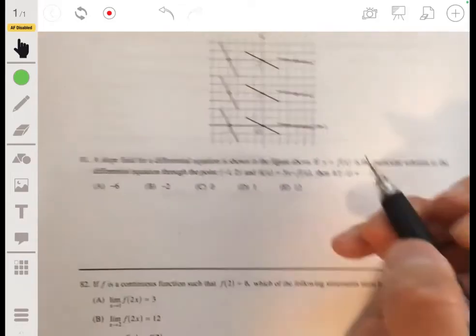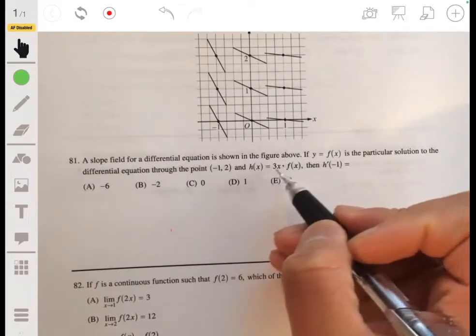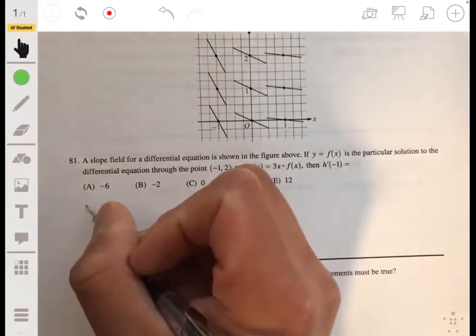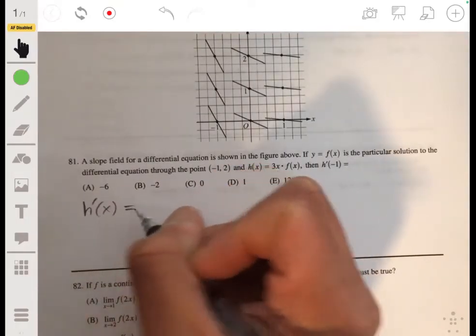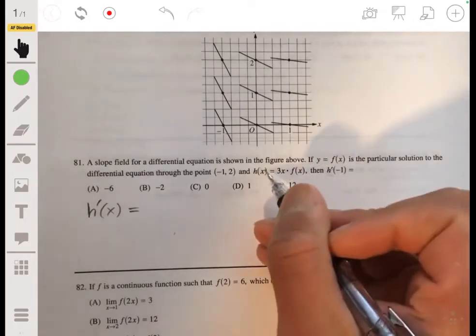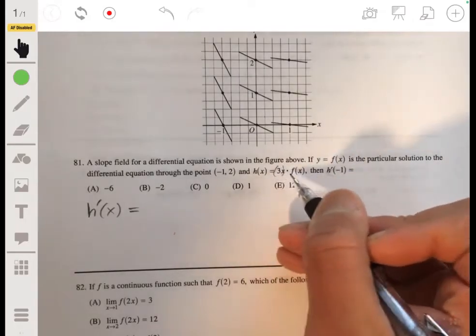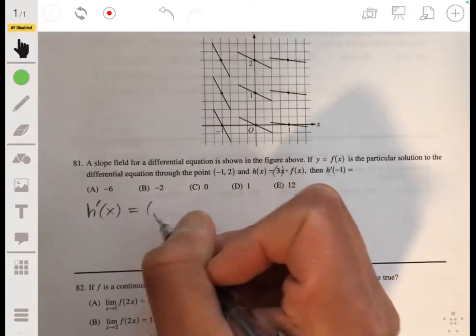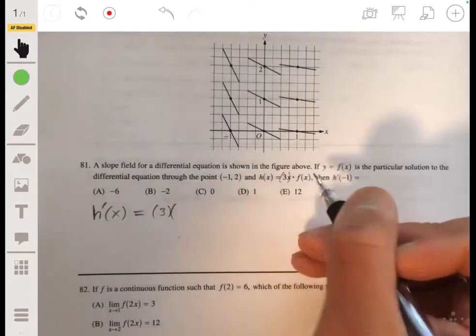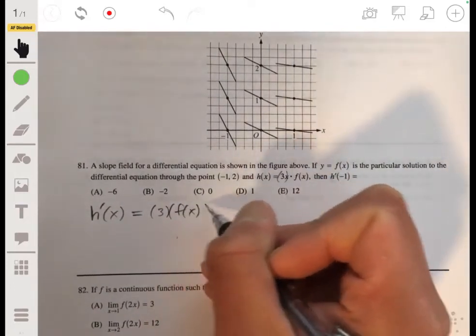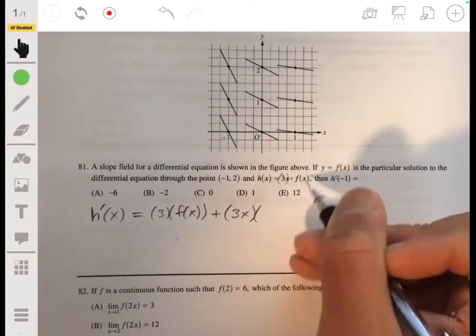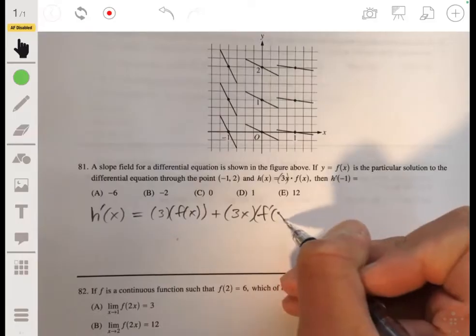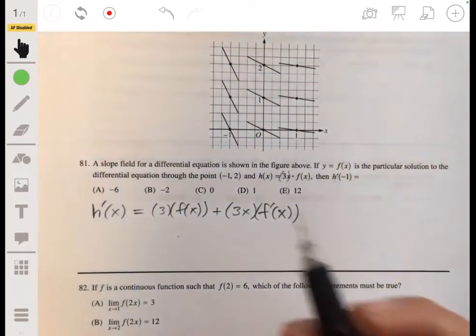Well, you just got to find the derivative of this by using the product rule. So in general, if we took h prime of x, we take the derivative of 3x, which is 3 times f of x, plus 3x times f prime of x, using the product rule.